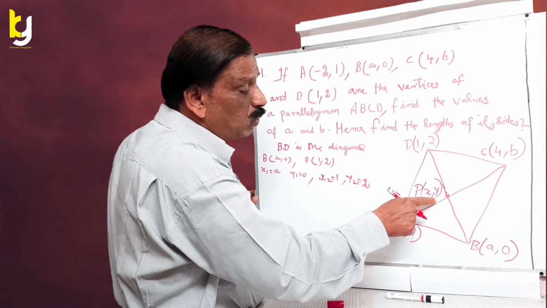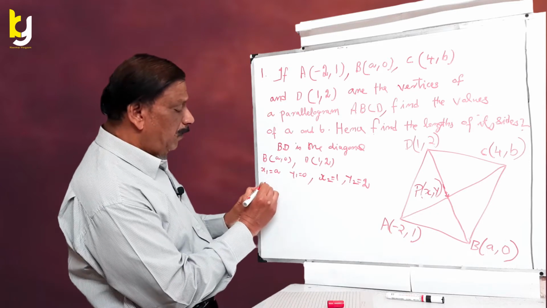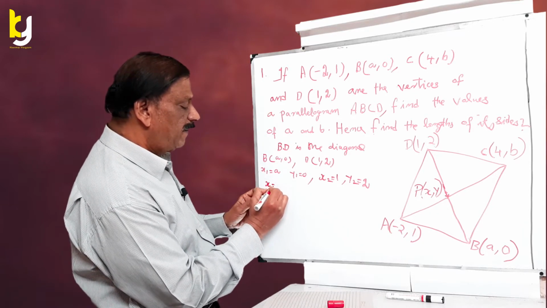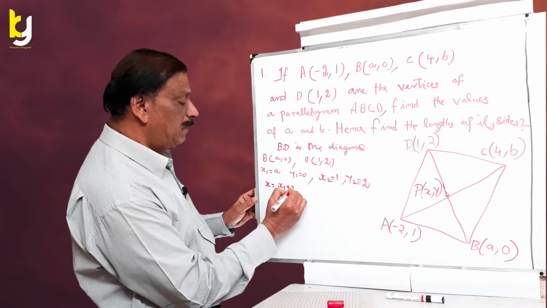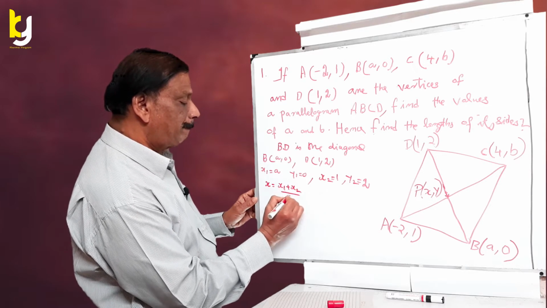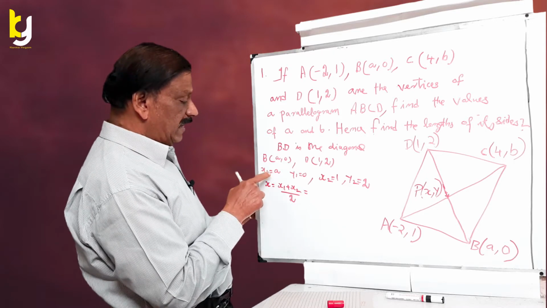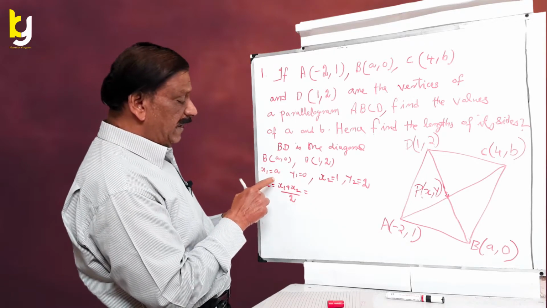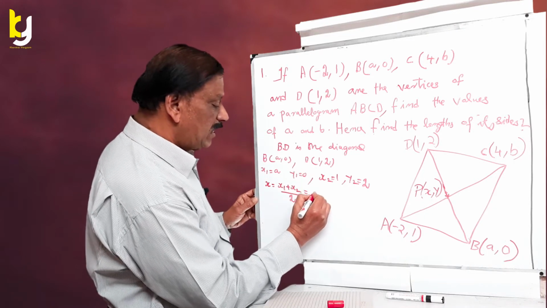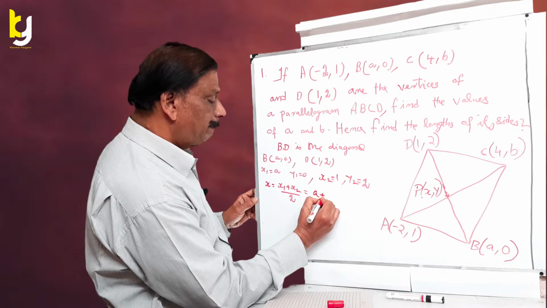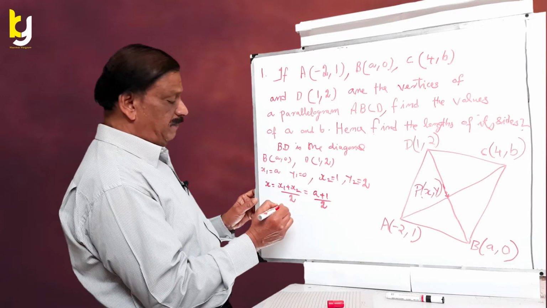Therefore P(x, y), the midpoint of BD, has x coordinate given by the formula (x1 + x2)/2, that is (a + 1)/2.